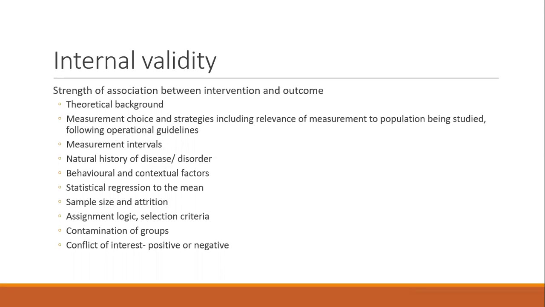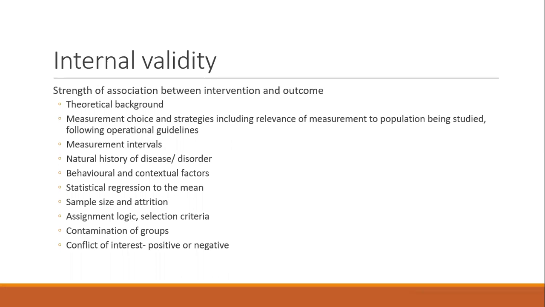So, how have the authors justified the fact that it was their intervention that caused the change and not natural history of disease or natural recovery? For this, one of the easiest ways is you wait for the period to get over sometimes, or you have a control group who are within the same period of the disease or disorder.